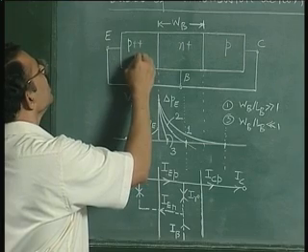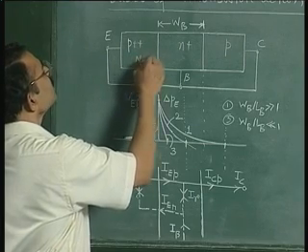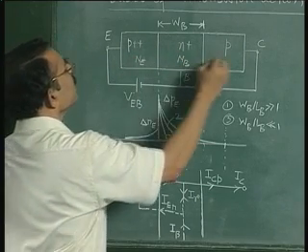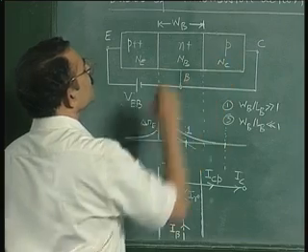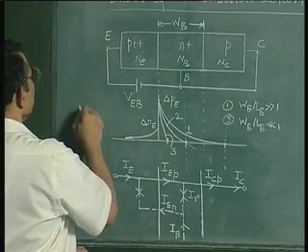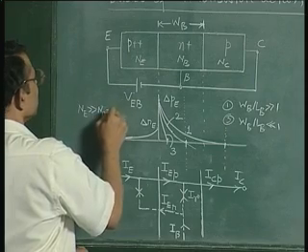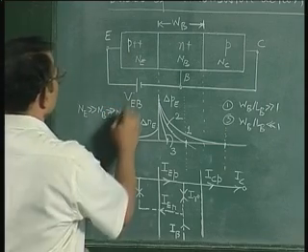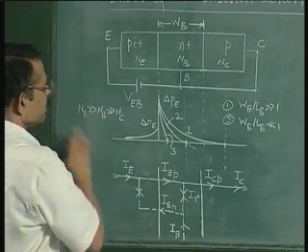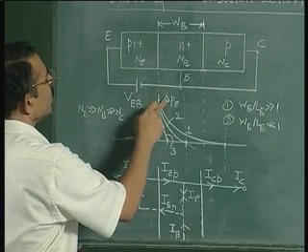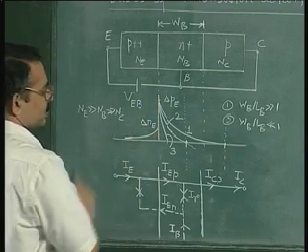Doping here is Ne, which is much more than doping here, which is Nb, which is much greater than doping here, which is Nc. So Ne is much greater than Nb, which is much greater than Nc. So because of this, the hole current here is much greater than electron current.